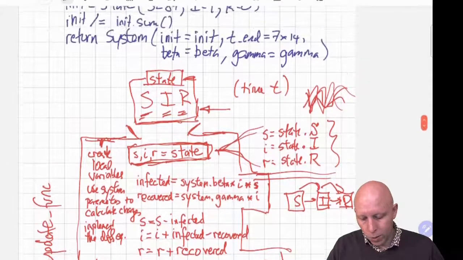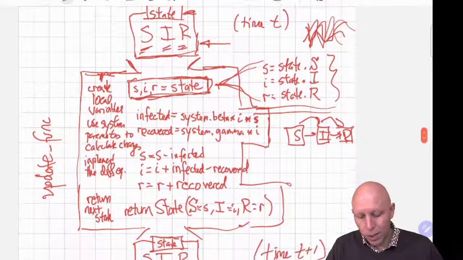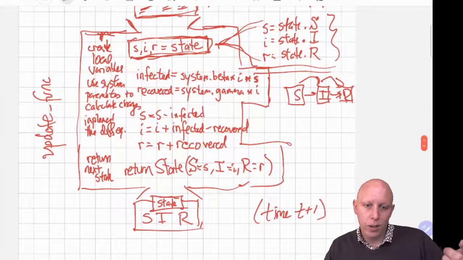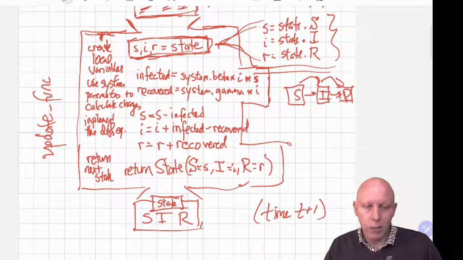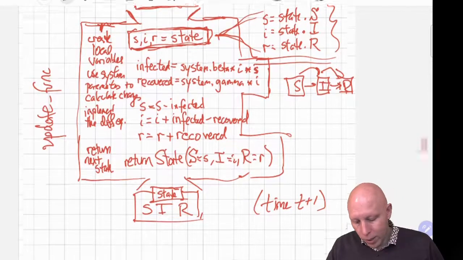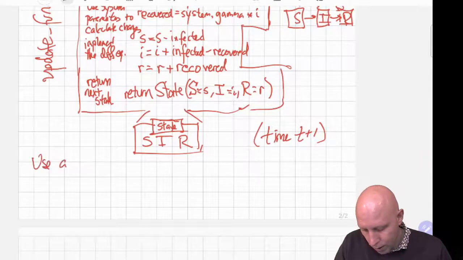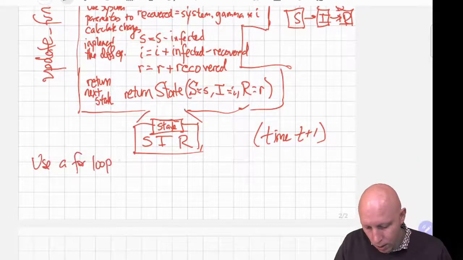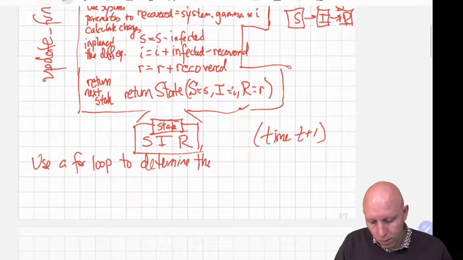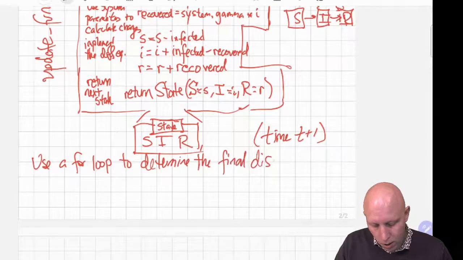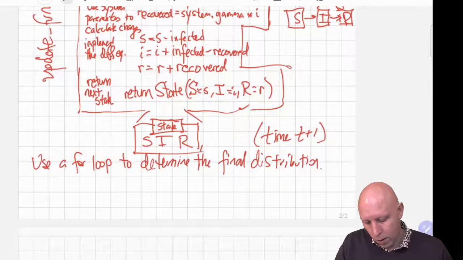All right, and so we now have an update function that will start at time t and give us time t plus 1. And what that means is we can use a for loop to determine the final distribution.